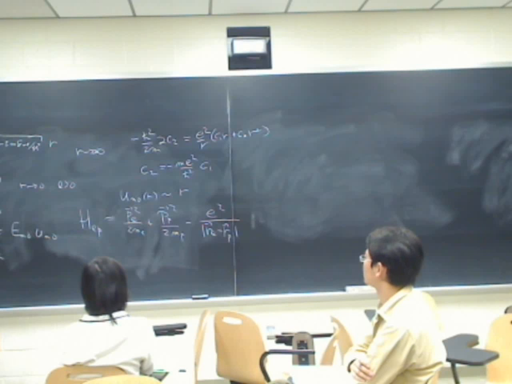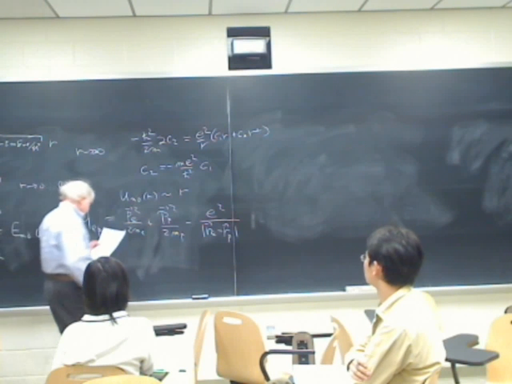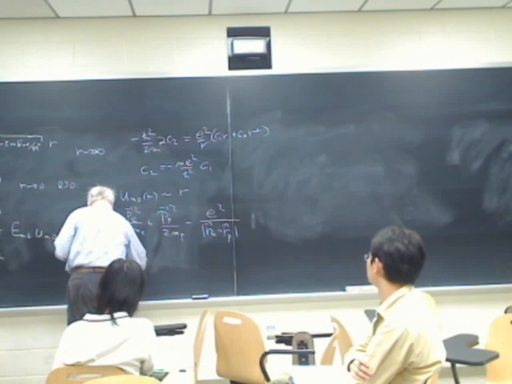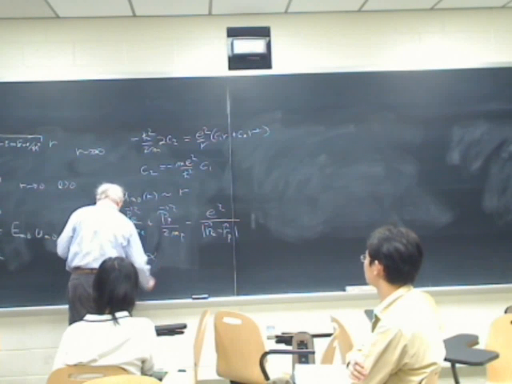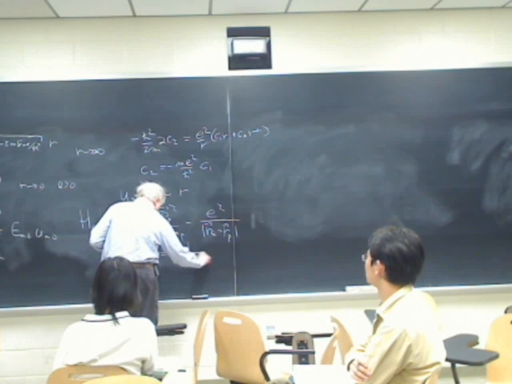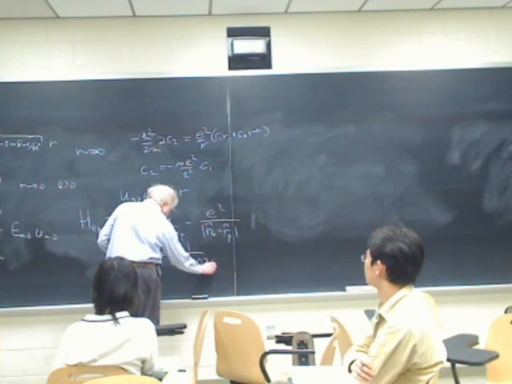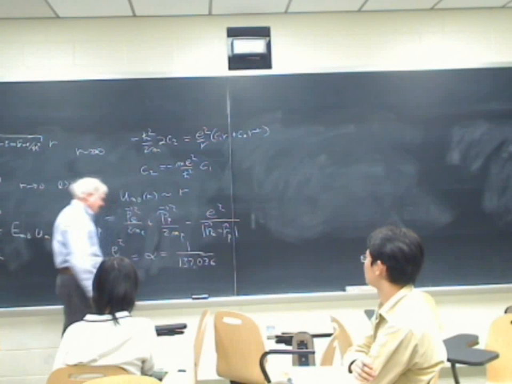So that's the energy for the hydrogen atom, and the units we're dealing with are ones where e squared over h bar c is called the fine structure constant, and it's something like 1 over 137.036, because it's known better than that.